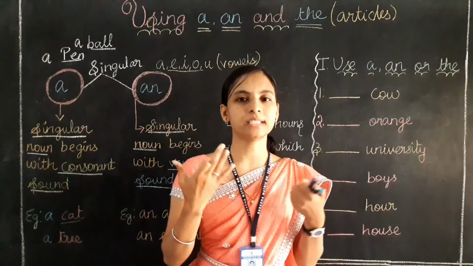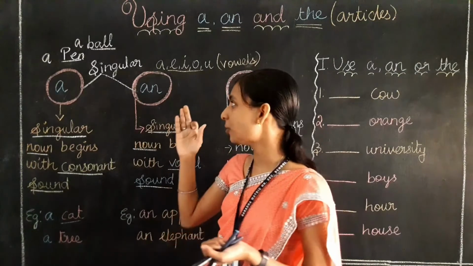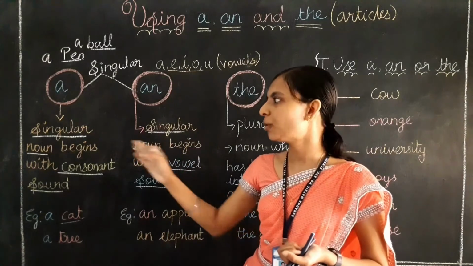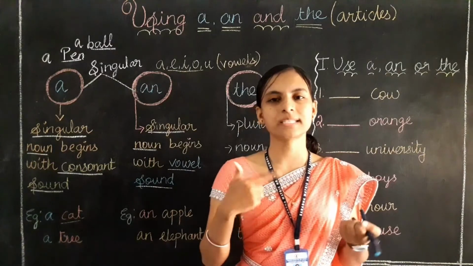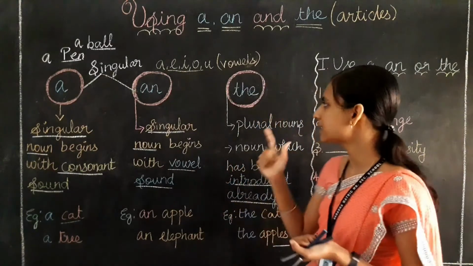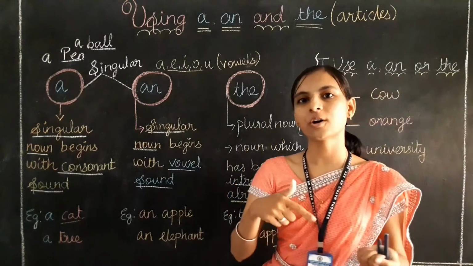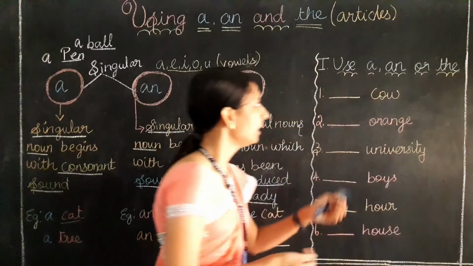If it is singular and it begins with a vowel sound, then which article? Article an. These both are used for singular nouns only. Suppose the word is plural, which article will you use? Yes, if it is plural we use the, and if it has been used already, we can use the only.